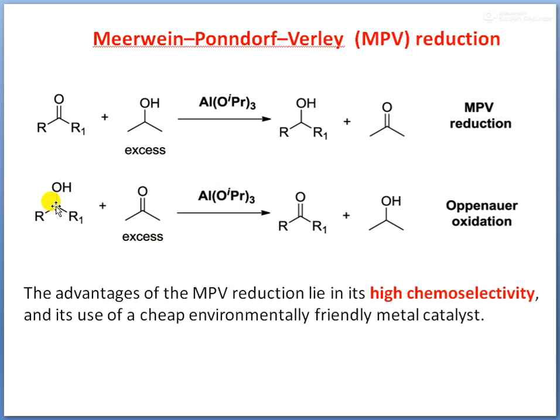So this alcohol is oxidized to a keto compound, and the excess acetone solvent is reduced to an alcohol. These two are reverse reactions, MPV reduction and Oppenauer oxidation. The advantage of the MPV reduction lies in its high chemoselectivity, and it also uses a very cheap and environmentally friendly metal catalyst like this.